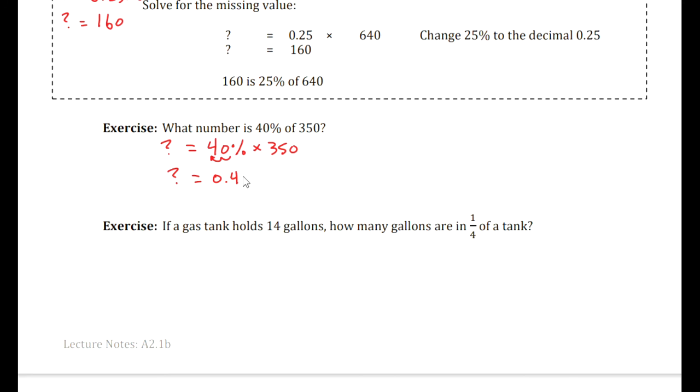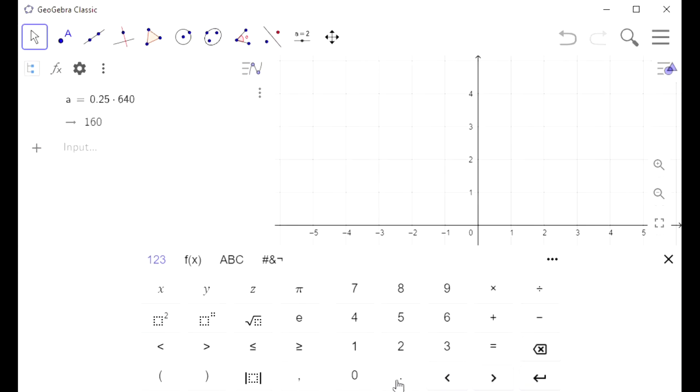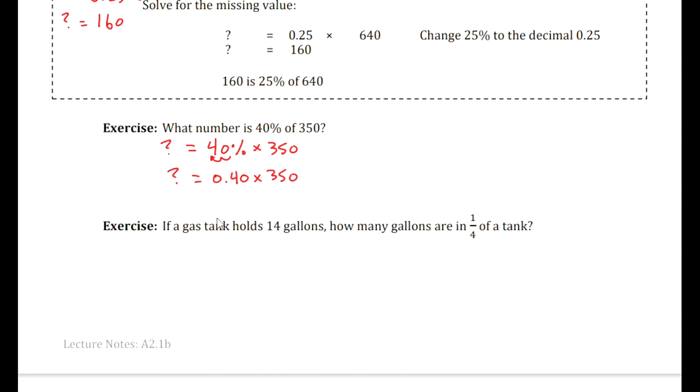So we have 0.4 or 0.40 times 350. We can do that in GeoGebra. So we go 0.4 times 350, giving us 140. So 140 is 40% of 350.